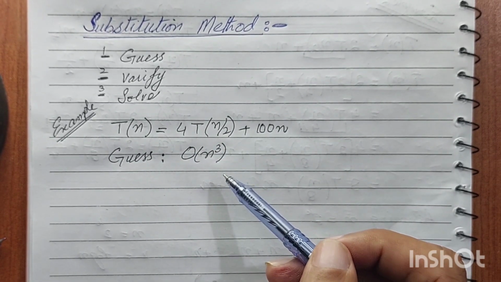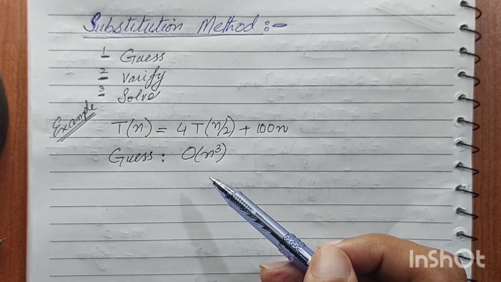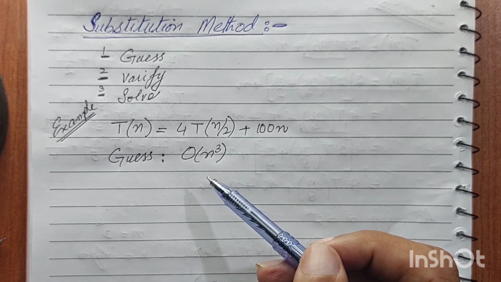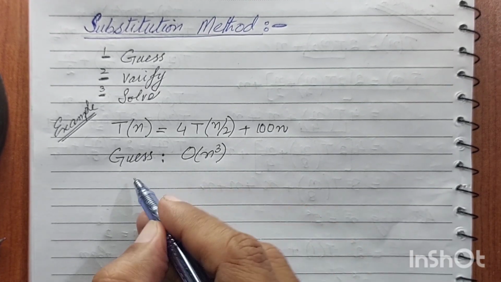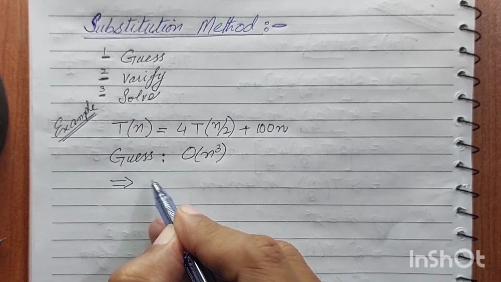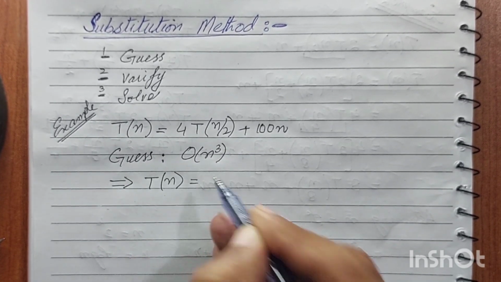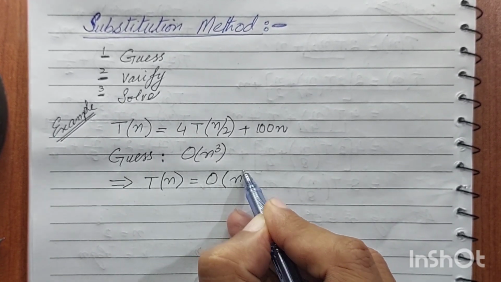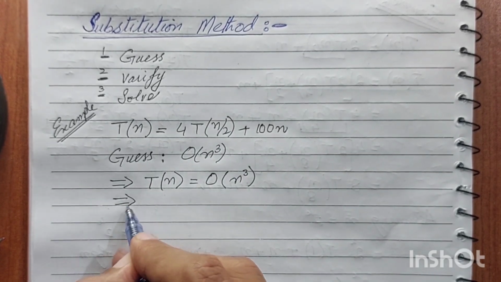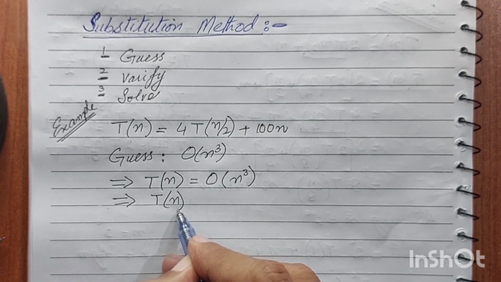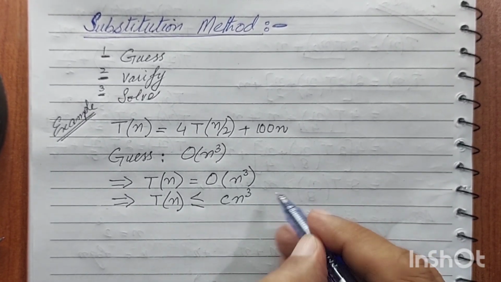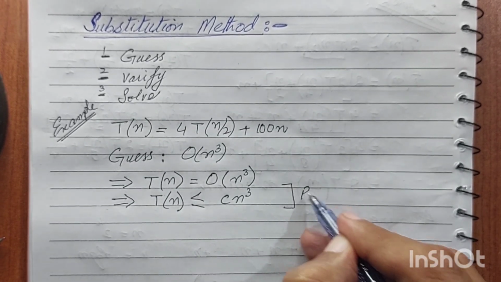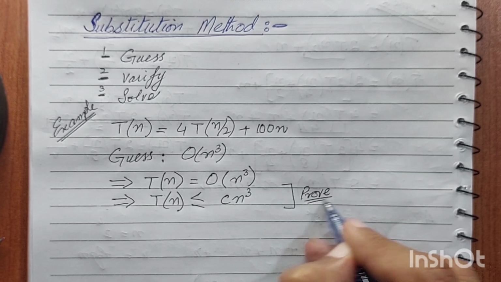If I was going for theta or omega, then I would be doing something different, but all the steps are the same, only the inequality would change. So this guess means t of n is equal to big O of n cube. This implies that t of n is less than or equal to c n cube, and this is what I have to prove.